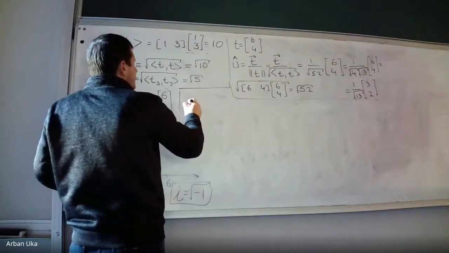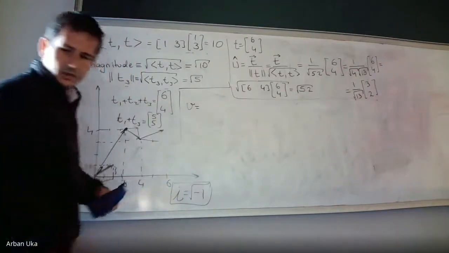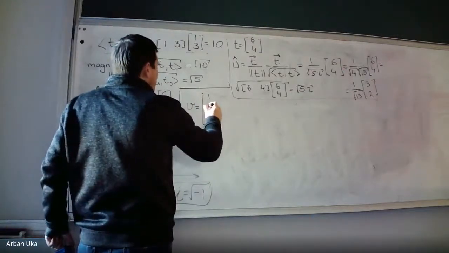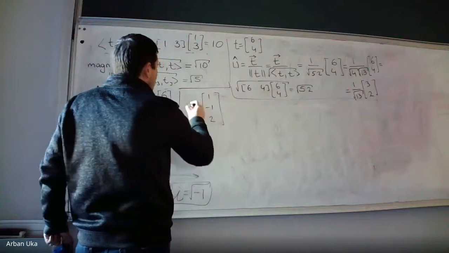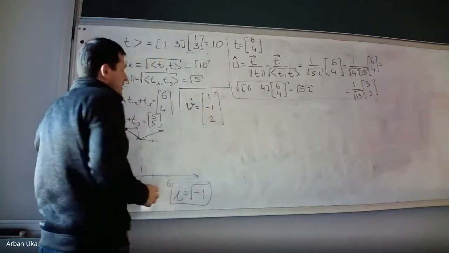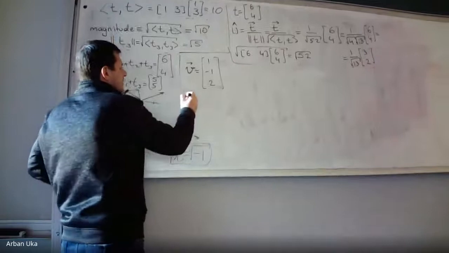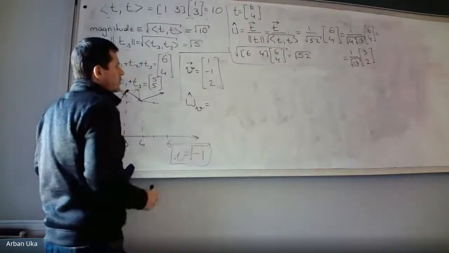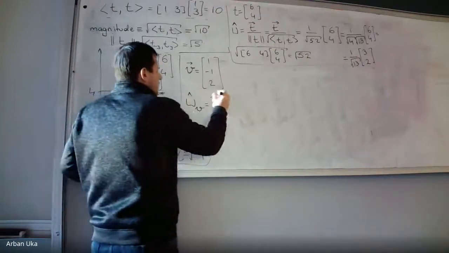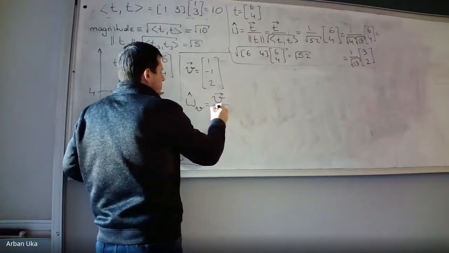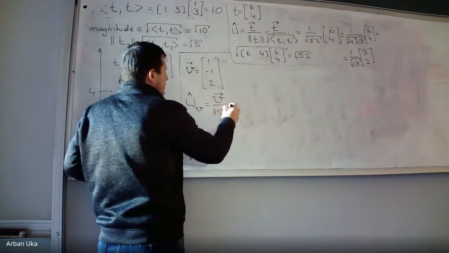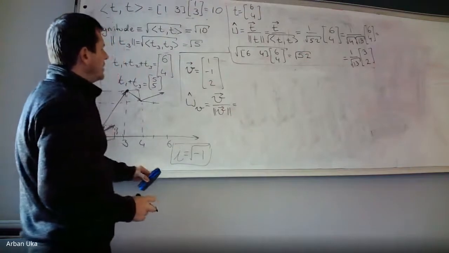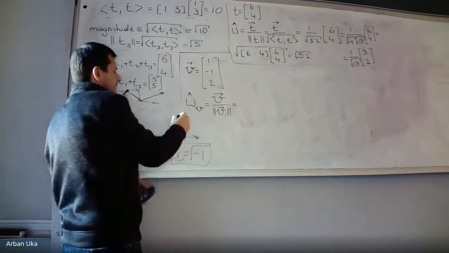Let's assume a vector v, which is equal to 1, -1, 2. Then similarly, we can define a unit vector u along v, which is going to be equal to vector v divided by the magnitude of v. So what is the magnitude of v?